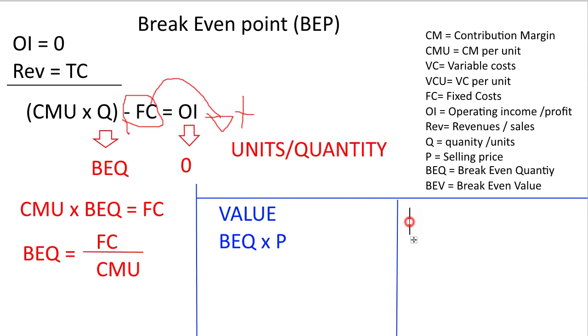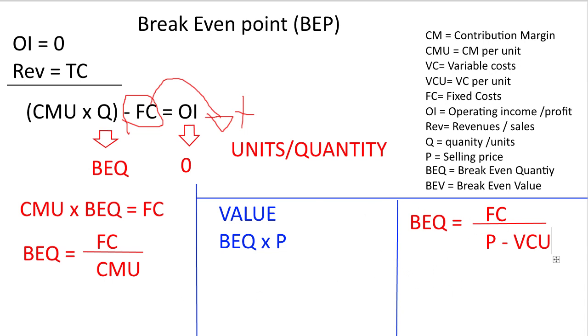Your break-even quantity is also, because of the formula, your fixed costs over the selling price minus your variable cost per unit, because the contribution margin per unit is equal to your price minus your variable cost per unit.